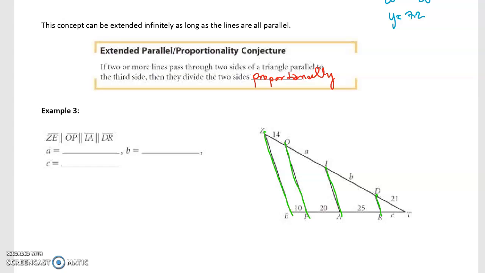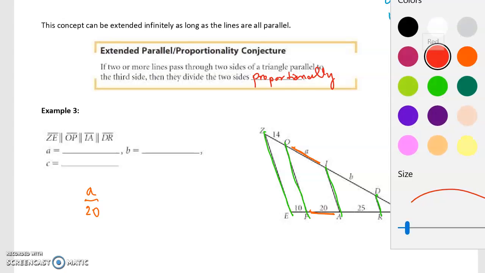So for the first one, if we want to find A, for example, the segment cut by the parallel lines across from A on the other side is 20. So we definitely want to start with A over 20. And then we can pick any other set of sides as long as we use the side with A on it first, the segment that A is a part of, and then the segment that the 20 is a part of.